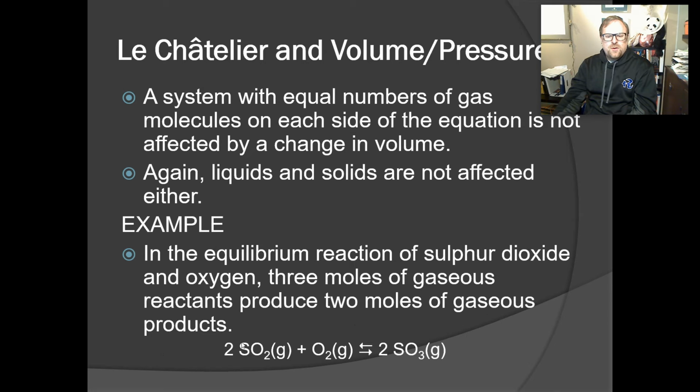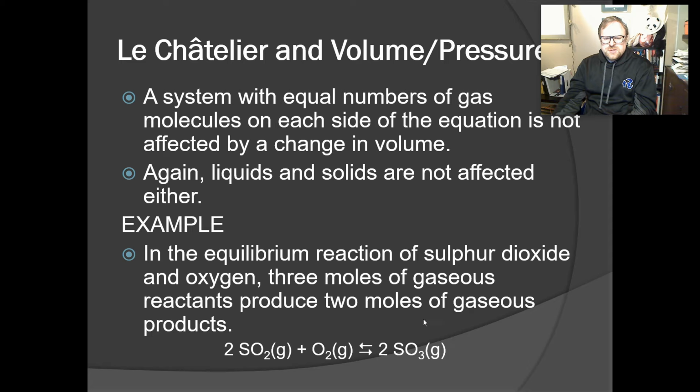So I want to look at this reaction system down here at the bottom. First things first, we cannot do volume or pressure changes and shifting a reaction for anything other than a system that is made of gases, okay? Because gases are the ones that are susceptible to pressure changes. So remember that.